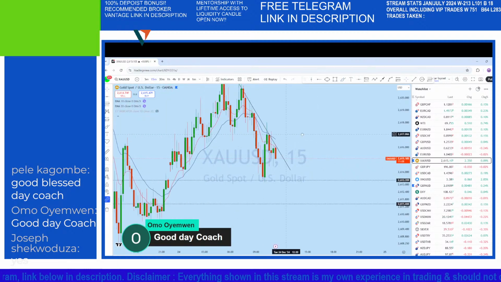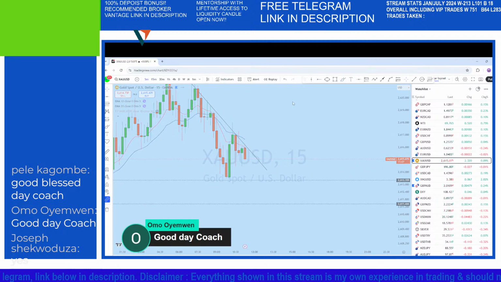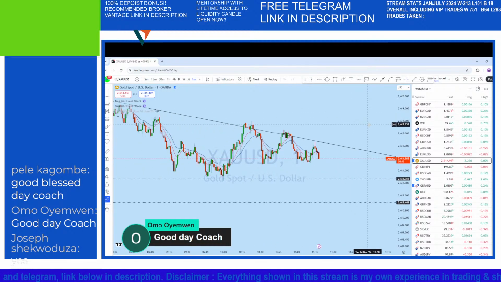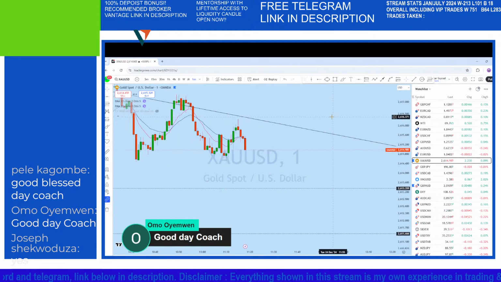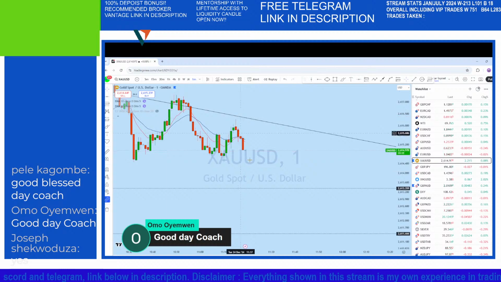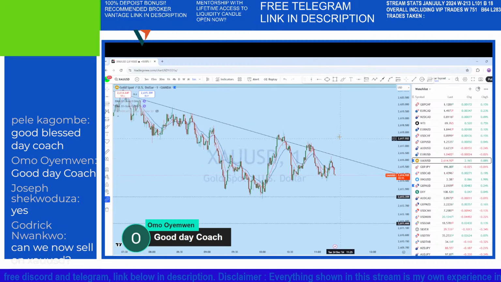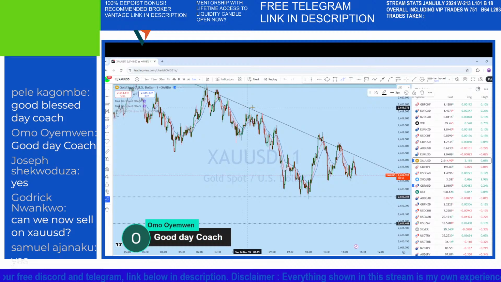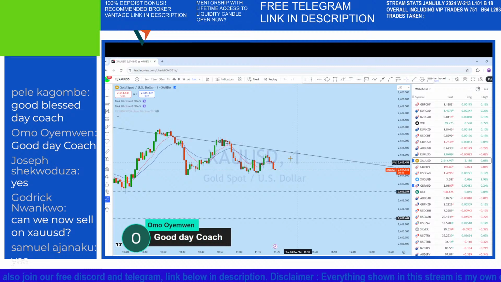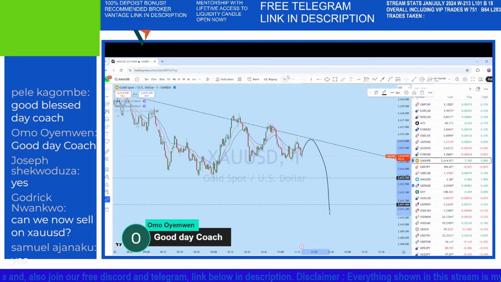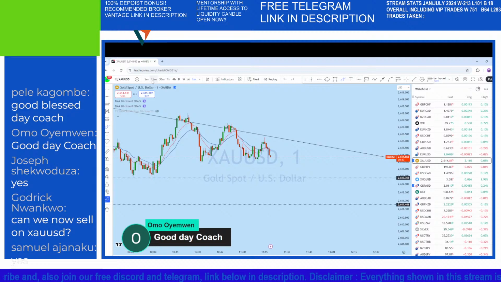Okay, so we can see this is a series of lower high formations, and with that series of lower highs on the lower time frame, the market may continue to drop here to create a new lower low.